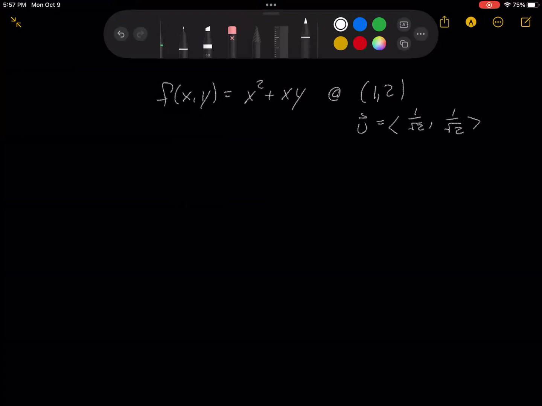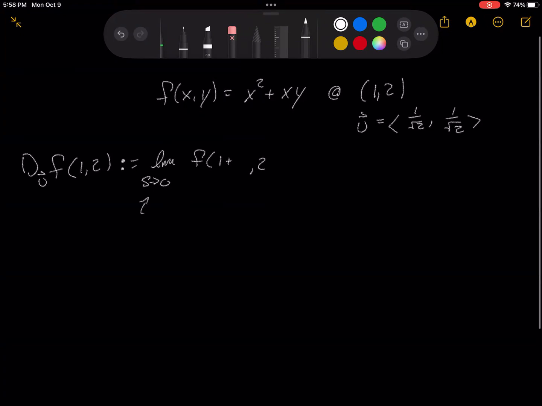So our limit definition of the directional derivative of our function at the point (1, 2) in the direction of u is defined as the limit as s goes to 0, where we'll define s in a minute, of the function at the initial point, and now I move in the direction of u, s amount, right? s tells me the length that I travel along that unit vector.